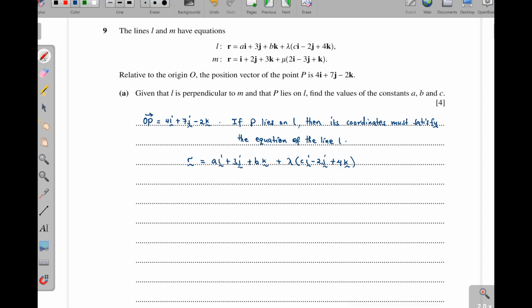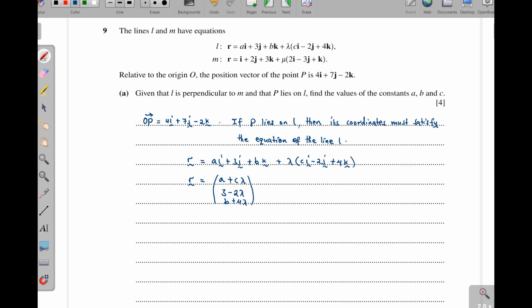So I will have r equals i times A plus C lambda, and then the y coordinate is 3 minus 2 lambda, and then the z coordinate will be B plus 4 lambda. You see that?